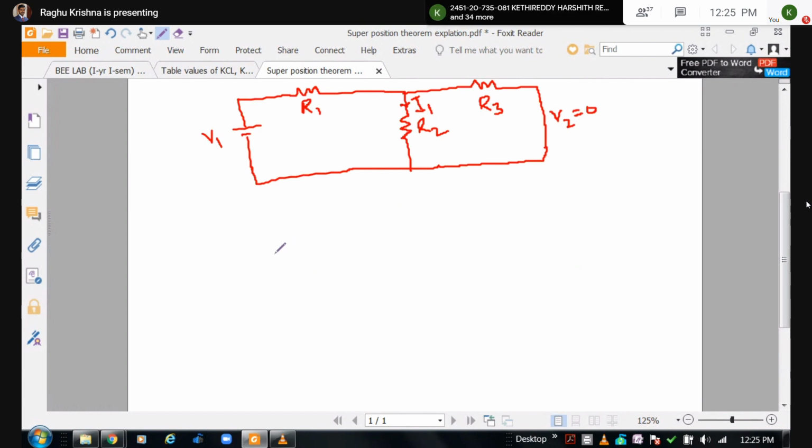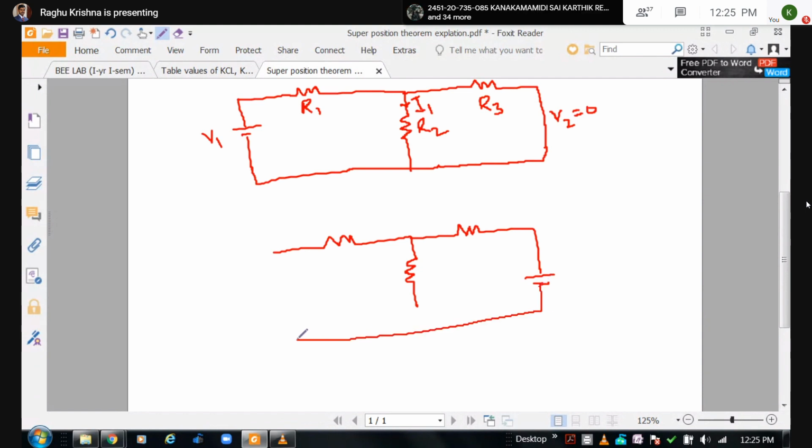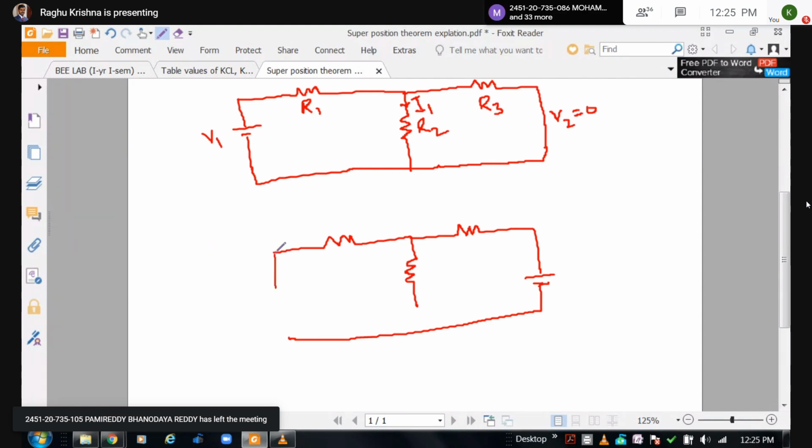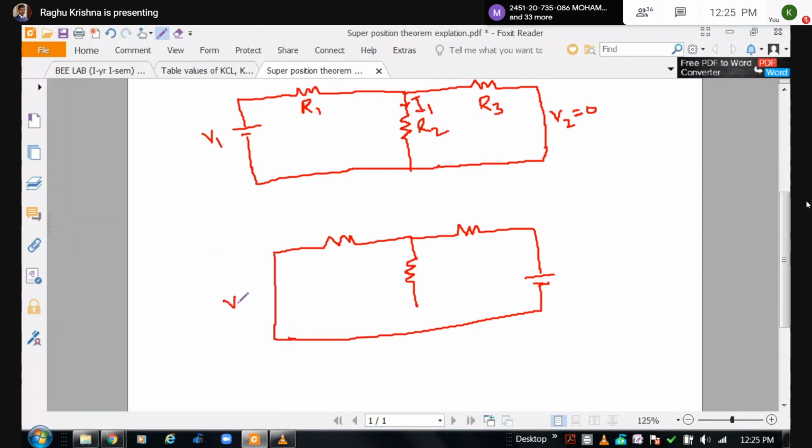Next, let us make V1 equal to 0. That is inoperative. Now the current flowing through R2.